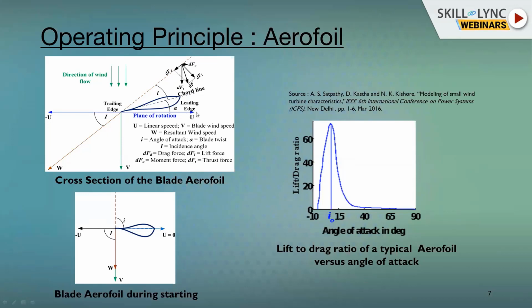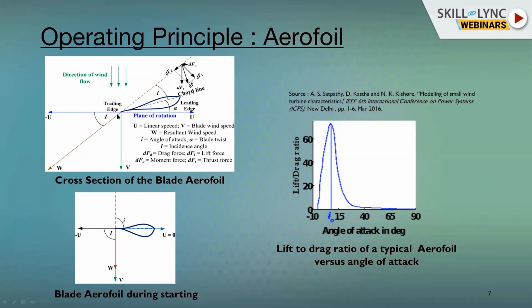So we'll have the plane of rotation, or this is the linear velocity direction. But now we are interested to understand the wind flow direction. If the turbine is rotating in one direction, then automatically the wind will be rotating in the other direction. Supposing you are sitting on this blade, you will see that the wind is rotating in the other direction.